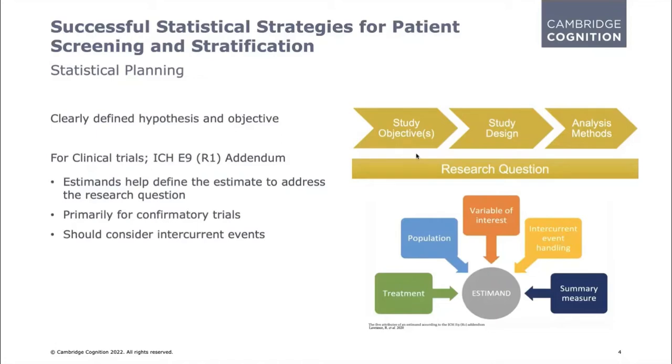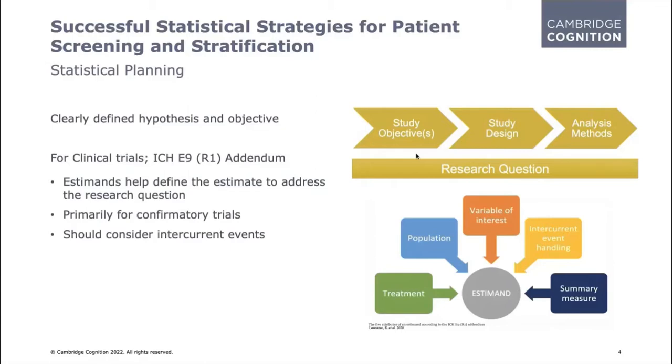So the framework is primarily focused on confirmatory trials, but I think it has useful uses outside of confirmatory trials in observational studies as well. And it really focuses on considering the population, the variable of interest, intercurrent events that might impact the interpretation of the endpoints, and also deriving a summary measure that allows us to inform whether we've met that objective or not.